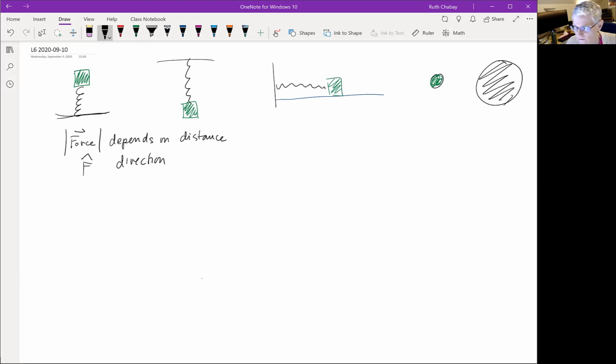The direction of the force depends on a unit vector pointing along the line between these objects, and there may be a minus sign. So in both cases, we're going to need to know something about distance, and we're going to need to know something about direction. We're going to capture this direction with the unit vector.